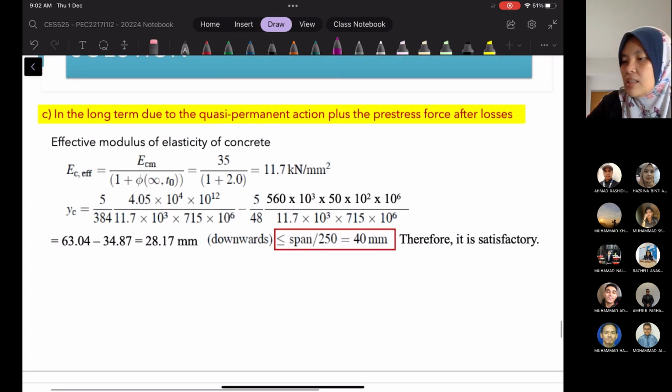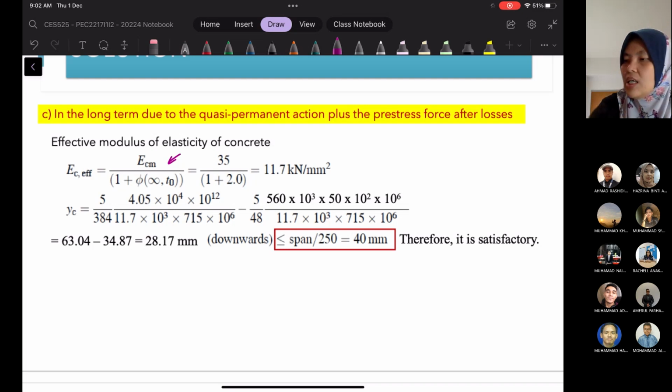Then the next part is to calculate the value of deflection. So we have calculated that earlier. For deflection, we are going to consider the creep coefficient as well. So here we are going to have the effective modulus of elasticity under creep, which is ECM divided by 1 plus the creep coefficient.